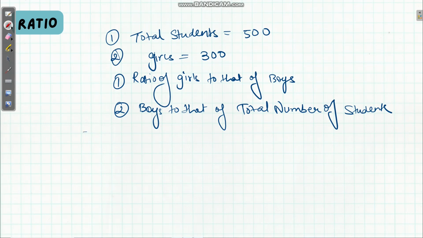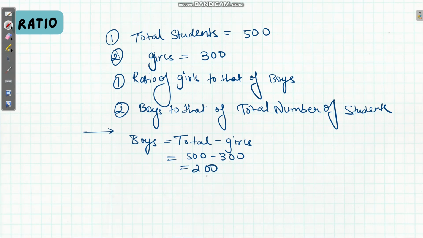First thing is, let's find the total number of boys. To get the total number of boys, we have to subtract the girls from the total number of students. So that will be 500 minus 300, that is equal to 200.